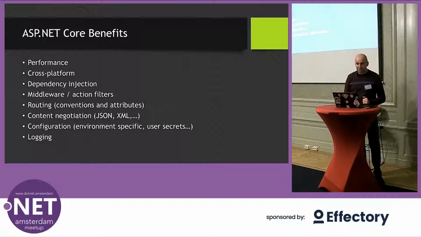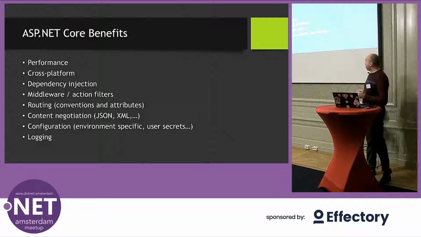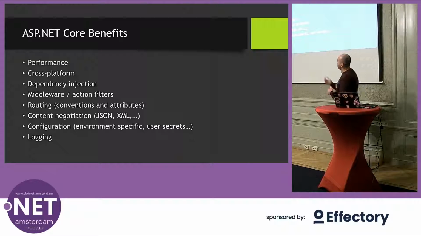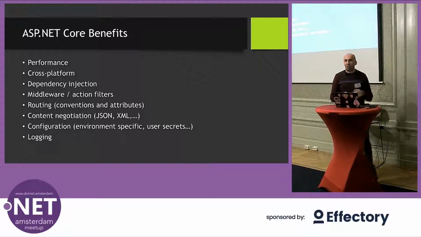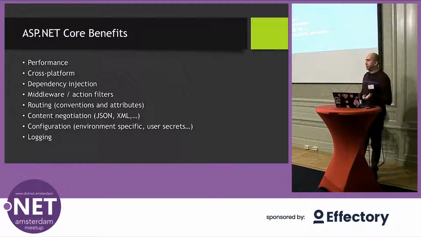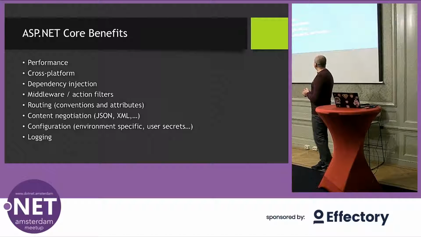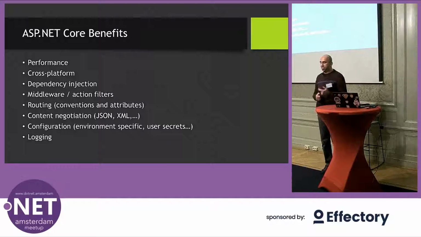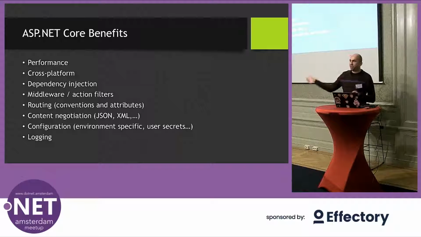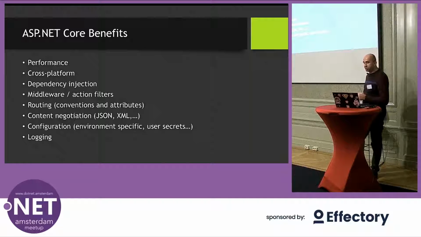the client wants. Then we have configuration. Configuration is new. It's part of .NET Core. And it replaces the old web config that you had before with a much more granular pattern. So you can have environment-specific configuration, like by default you can have an app settings file for each environment you have, for development, for staging, for production.